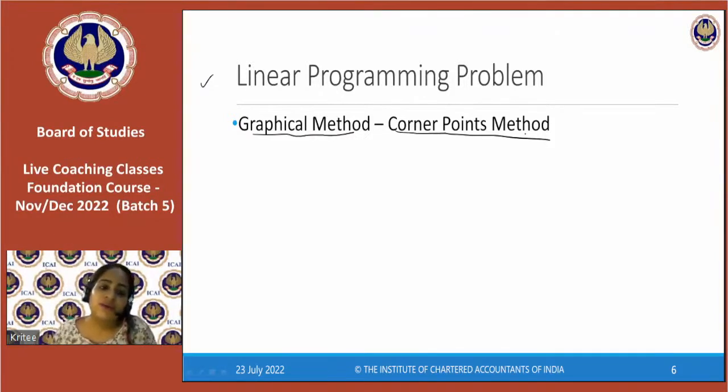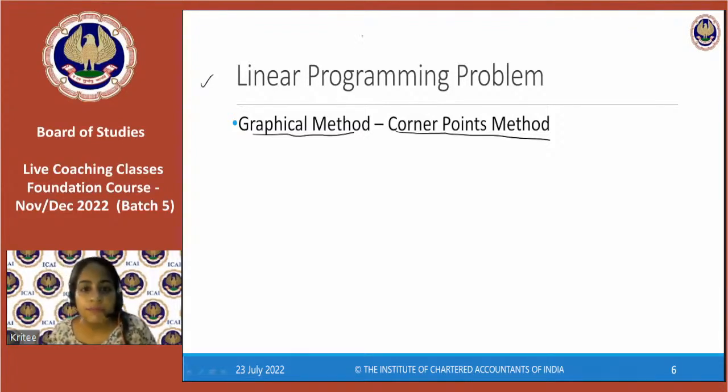So the only method that we are using in linear programming problems is the corner point graphical method for your paper. Of course, in your higher levels, you will be studying the other methods for solving linear programming problems. Linear programming problems are very much business related issues, practically being used.